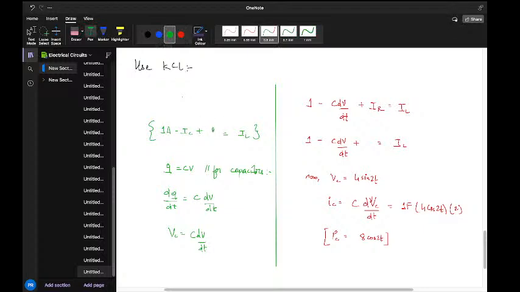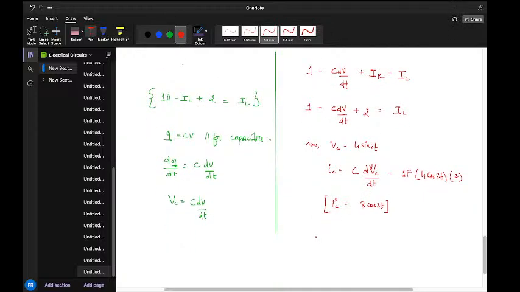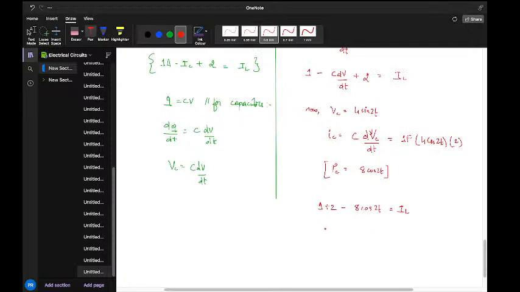So what we have now is 1 plus 2 minus 8 cos 2t. This is going to be I of L over here. Okay, so it's just going to be 3 minus 8 cos 2t equals I of L. Okay, guys.